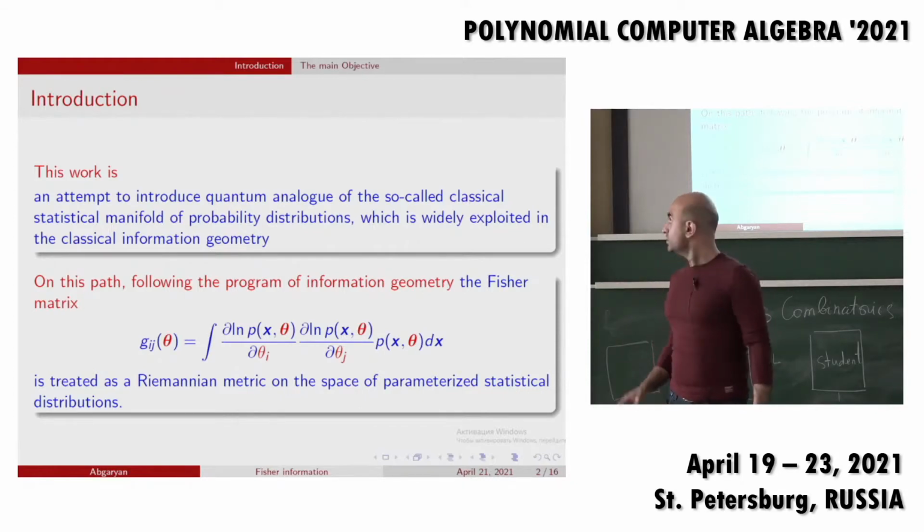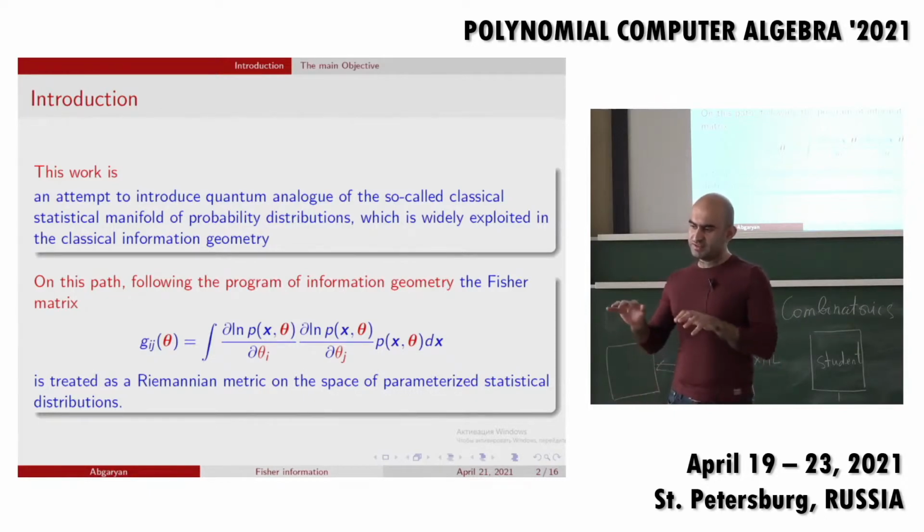What we want to do in this work is to yet again try to do the impossible. We want to ask whether there is a submanifold, at least, of some states which can be mapped on probability density functions to introduce classical Fisher information on this manifold, to interpret it as a distance in the state space, then to see whether it's possible to extend this definition to the whole state space.